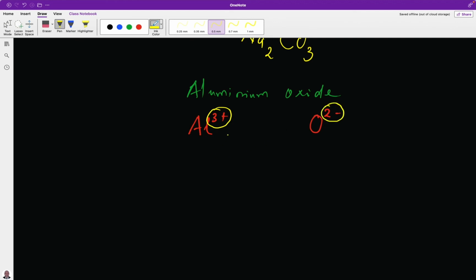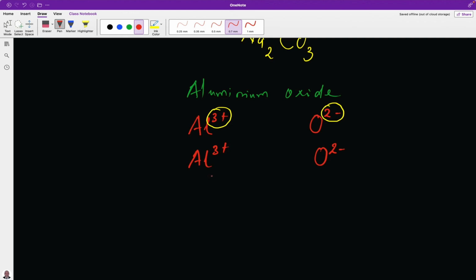Step number 3, balance the charges. How can we balance this one? This cannot balance this one. Let's add another aluminum ion to see if it can go. Now there are 6 plus, and only 4 minus.